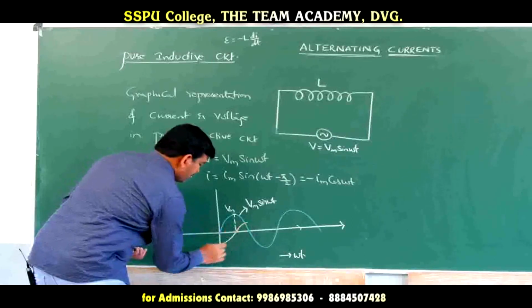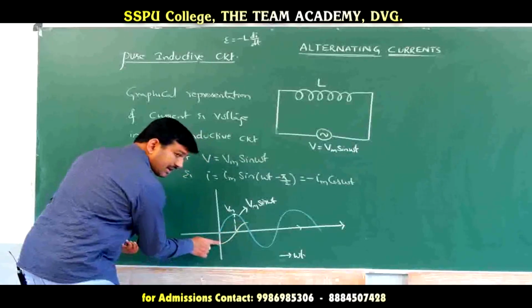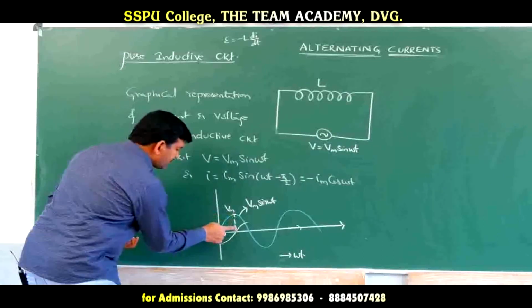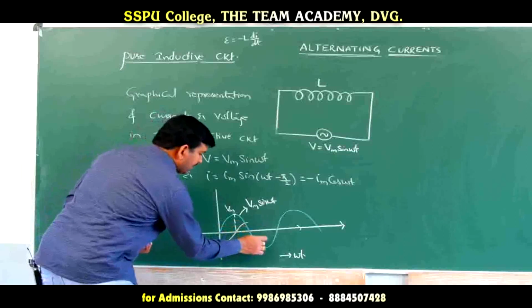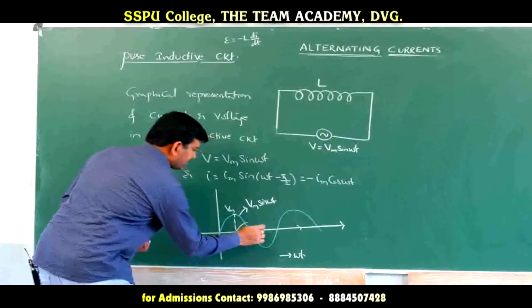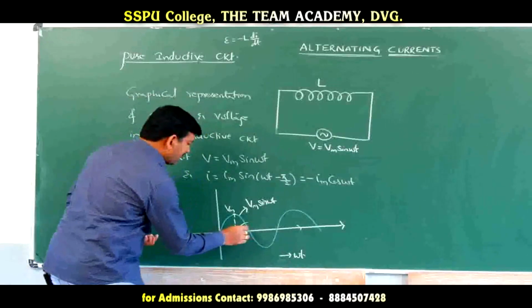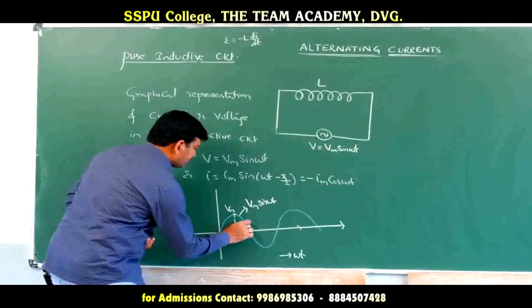When this is 0, this is maximum but in negative value. This is maximum, this is 0. This is 0, this is maximum positive value. And again, when this is 0, this should have the maximum value.